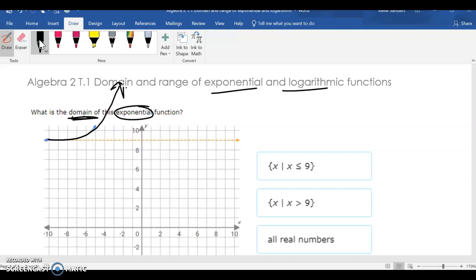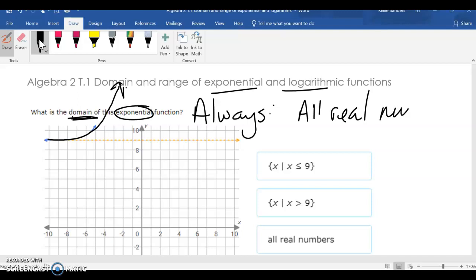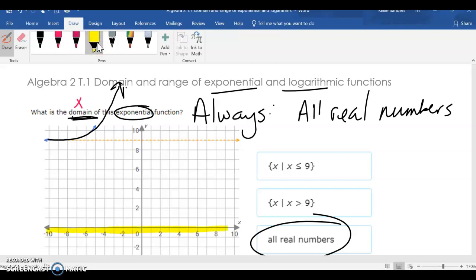If you are ever asked what is the domain of an exponential function, it is always going to be all real numbers. There will not be anything to think about or do anything about it. The reason for that is the domain is always talking about the x's, and x's go left and right.